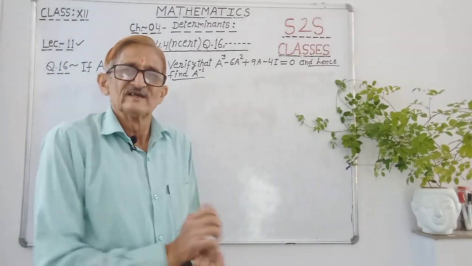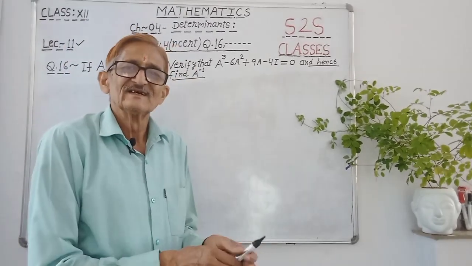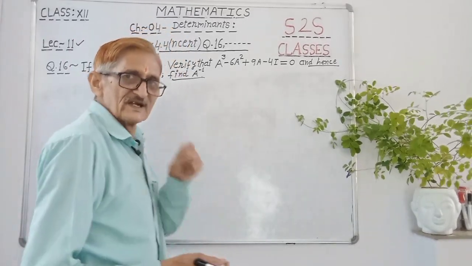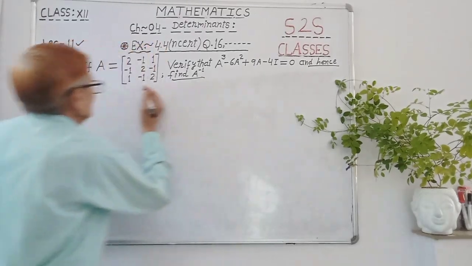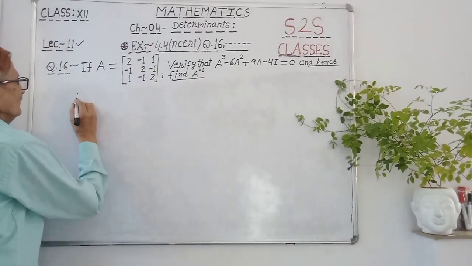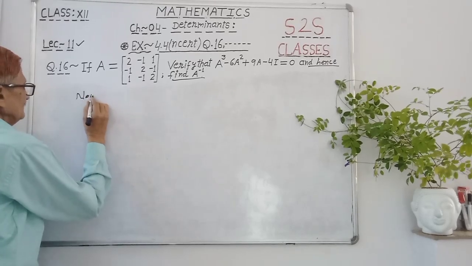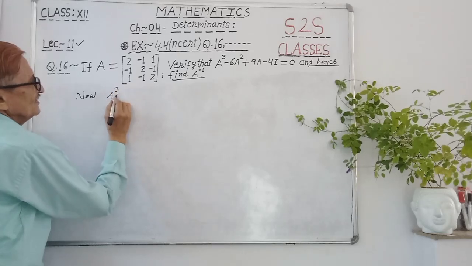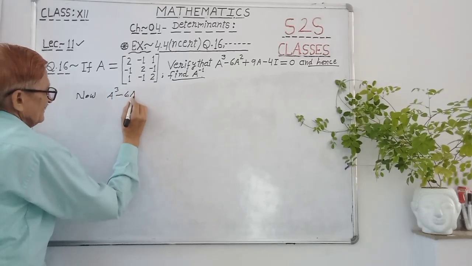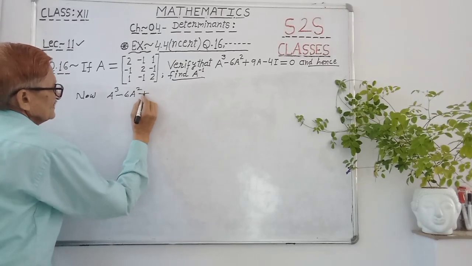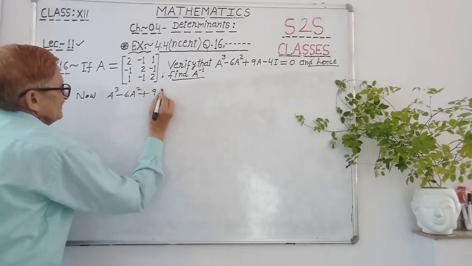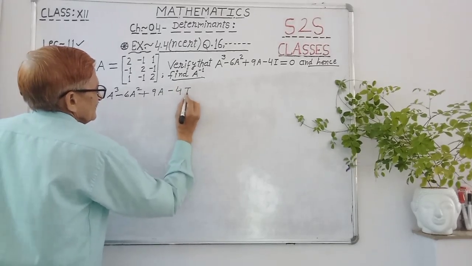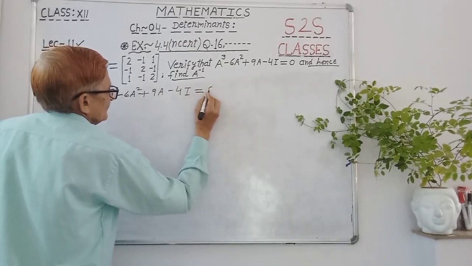Multiply, or operate, A inverse on both sides of this equation. In an equation we can operate on both sides, the same thing. So now take this: A cube minus 6A square plus 9A minus 4I equal 0.